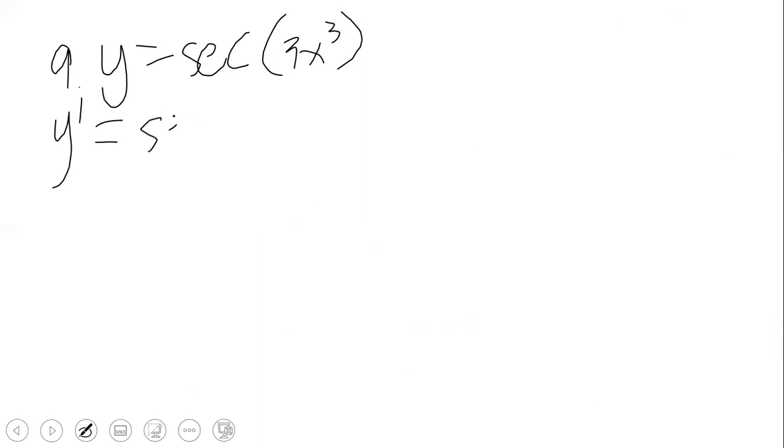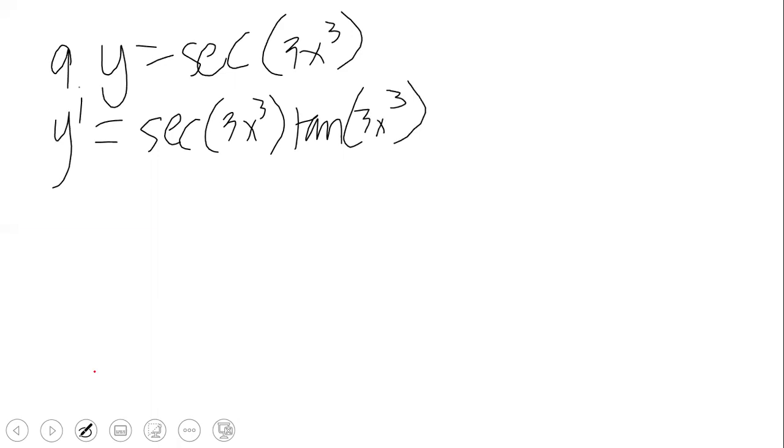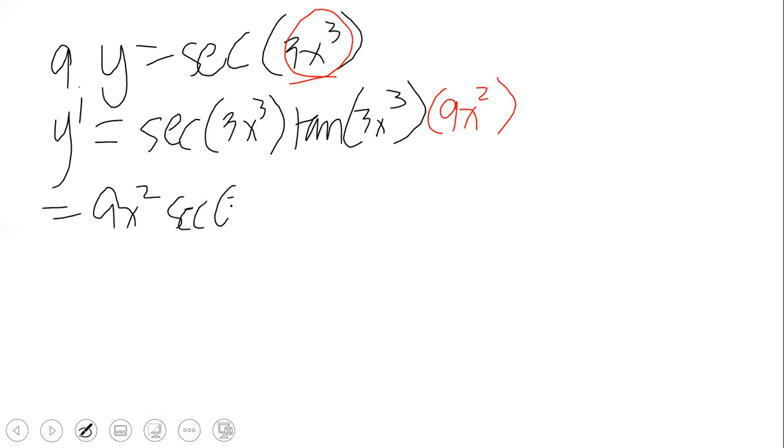So secant 3x cubed tangent angle 3x cubed, and the derivative of the angle nito. So you also have 9x squared. So rewrite na lang natin lahat. So you also have 9x squared secant 3x cubed tangent 3x cubed.